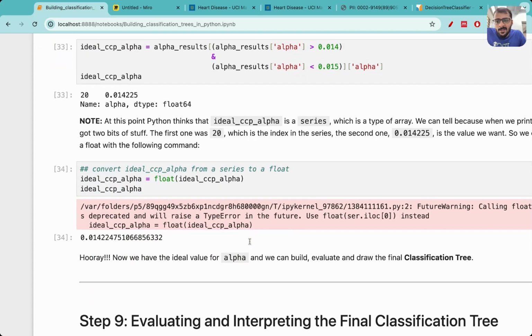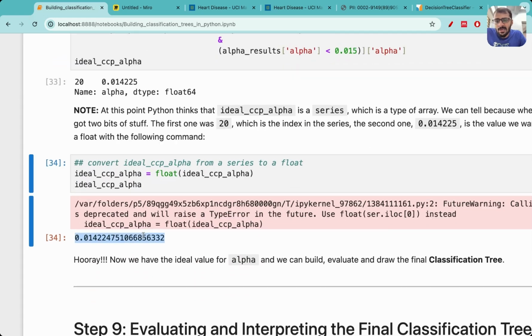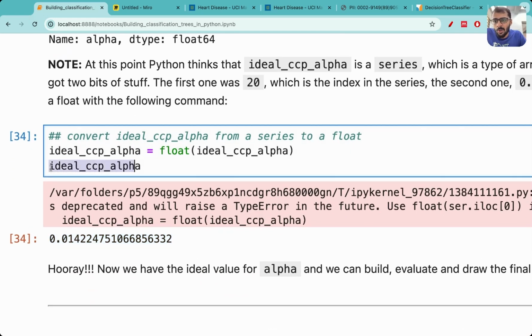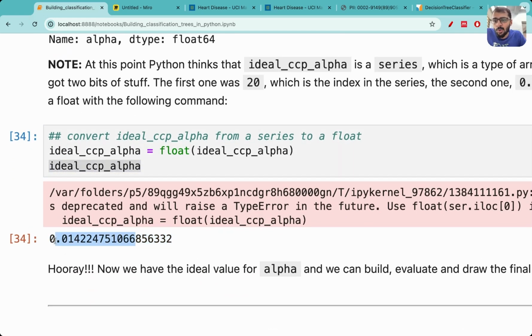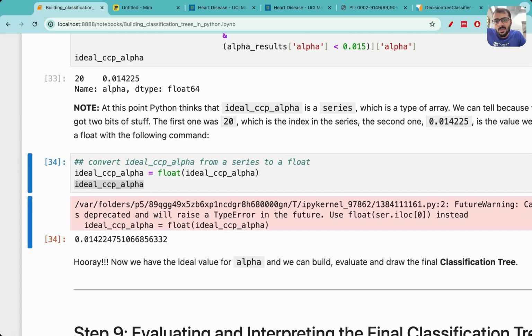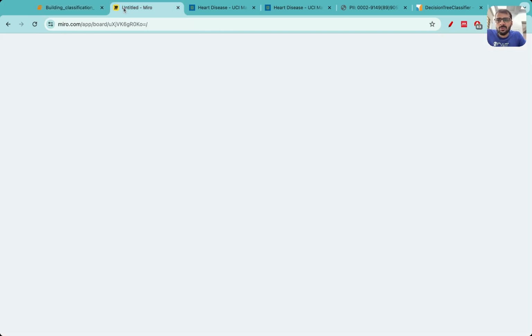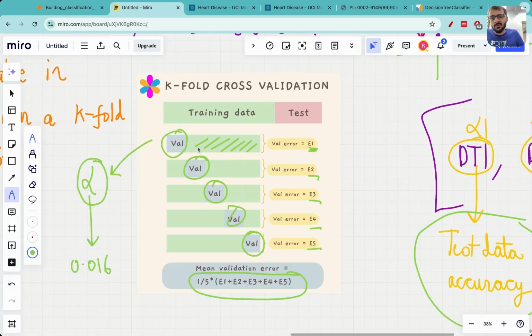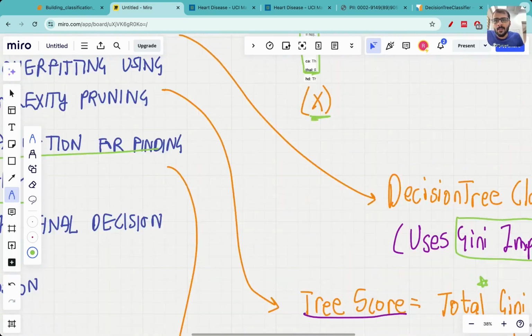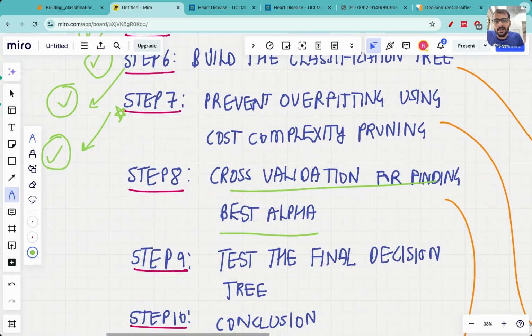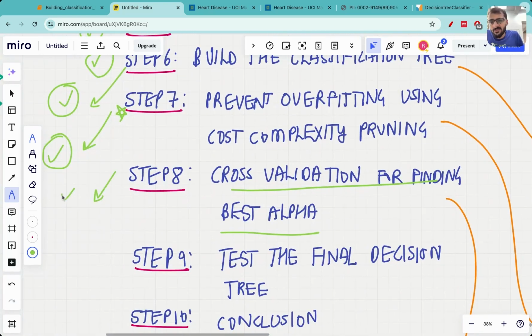So we have calculated the best alpha, which I am storing in a variable called ideal CCP alpha, and that's 0.014. So now we have chosen the best alpha, which was in step number 8. Remember, now we have finished step number 8, and it's important here to point out the distinction between step number 7 and step number 8.